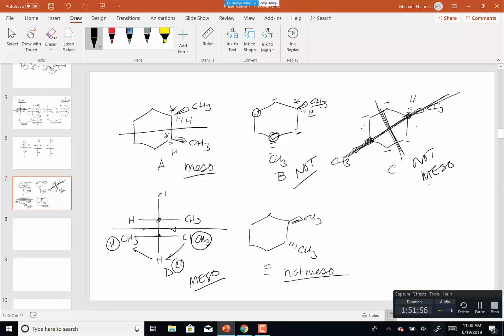So I have to modify those four choices. But in this case, all I did was determine whether it was meso or not. I have one more and then we're going to come back to that.